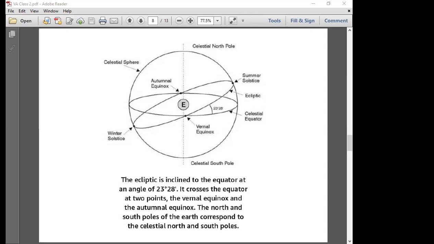The signs of longer ascension in the northern hemisphere will be Cancer, Leo, right? From Cancer to Dhanu, as I said, so it will be Cancer, Leo, Virgo, Libra, Scorpio, and Sagittarius.